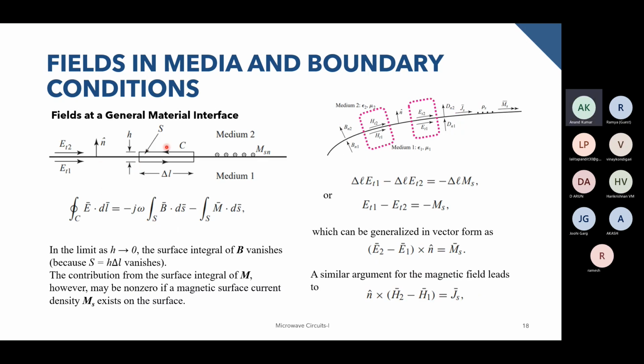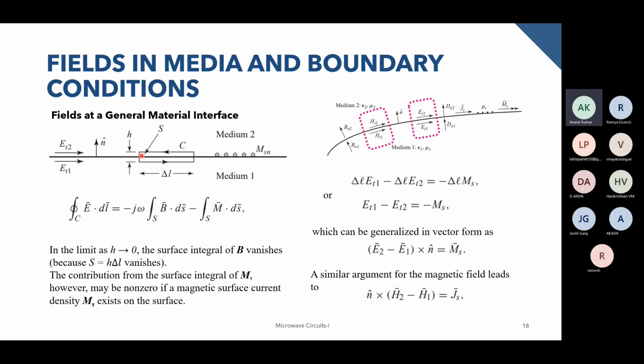Now, for the tangential components, we take a surface integral over a surface here and use Maxwell's equation, where on the left hand side we have the line integral of the electric field, and on the right the surface integral of the magnetic flux and the magnetic current density.